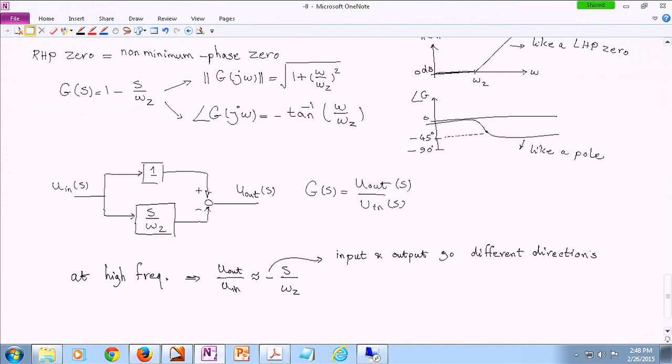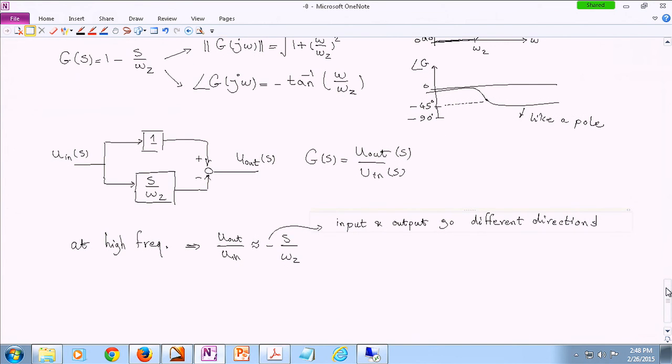And this sometimes tends to destabilize the system, because in a general sense, when you increase your input, you would expect your output to increase as well. But they're actually going the other way around.